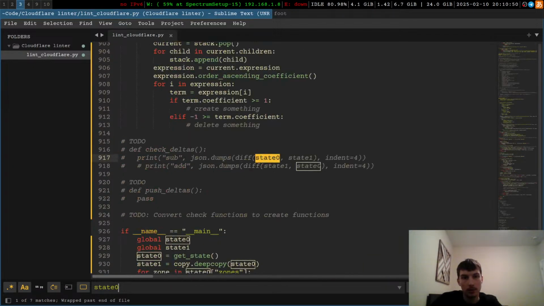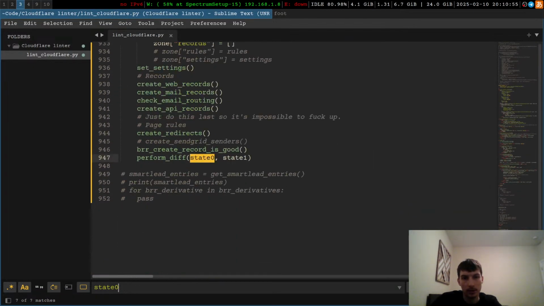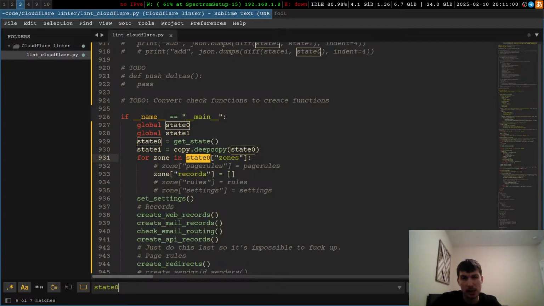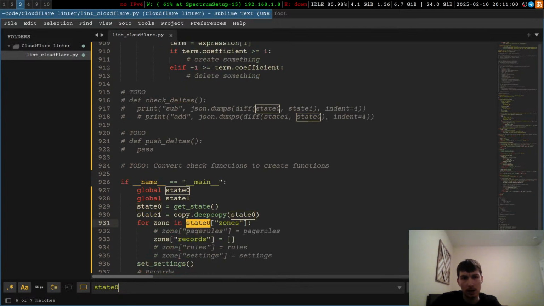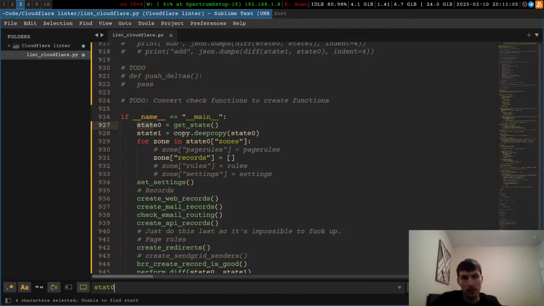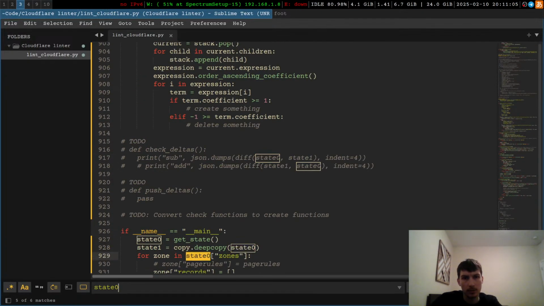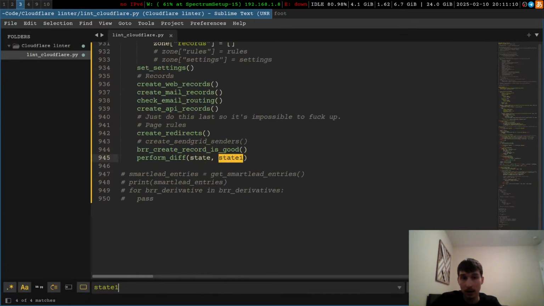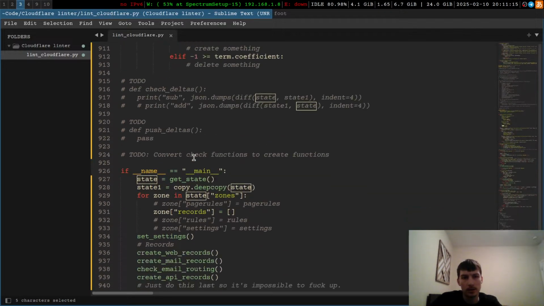And state 0, honestly, I think we should just call this state. I don't think these need to be global. That's it. We get the state.